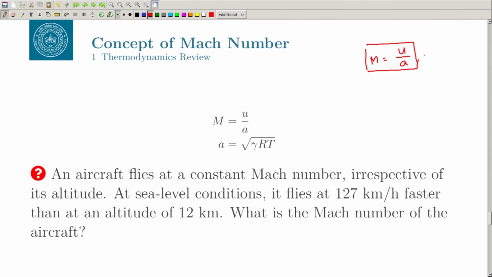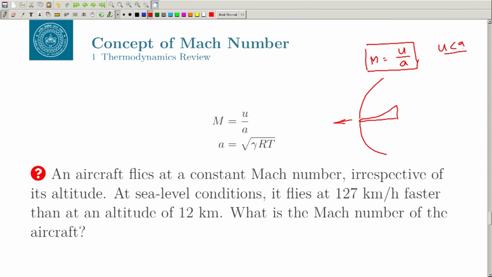So, why it is very important is because let us say you have an object, it may be an aircraft, okay, or it may be a missile or whatever, moving at a certain speed. As it moves, okay, it creates waves which travel, right. So, if the object is moving at a lower speed, and the waves are moving at a higher speed, that means this u is less than a.